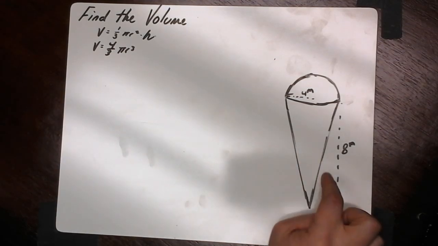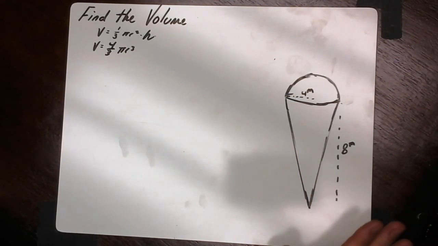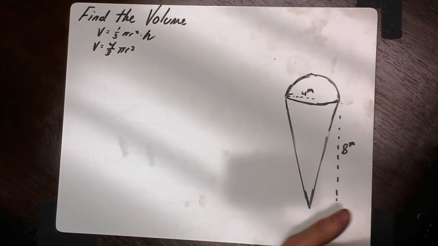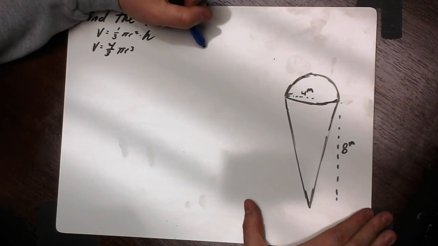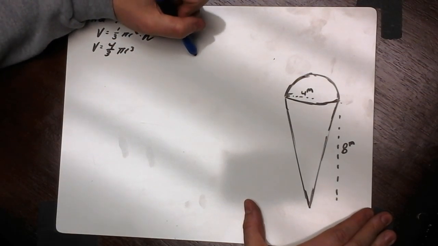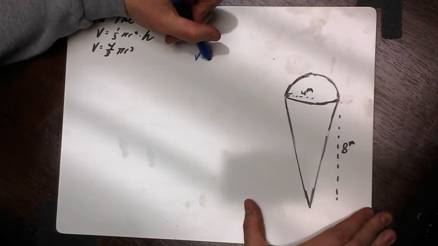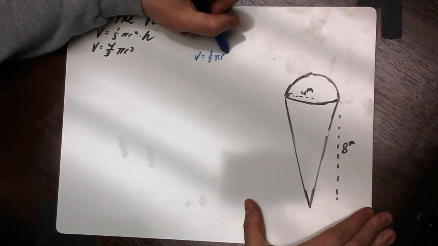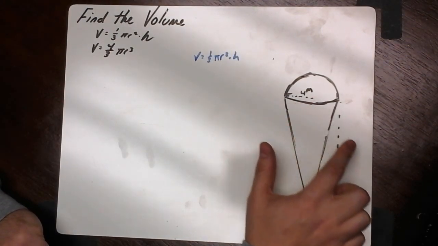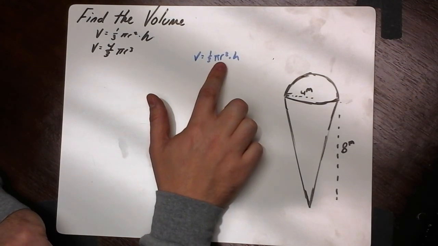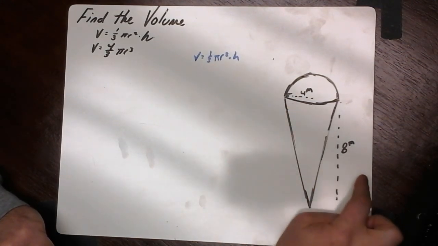So let's get started. I'm going to start with the cone for no apparent reason other than I choose to. So the volume of the cone is V equals 1/3 pi r squared times h. The volume is composed of the radius and the height, and that's what we need.